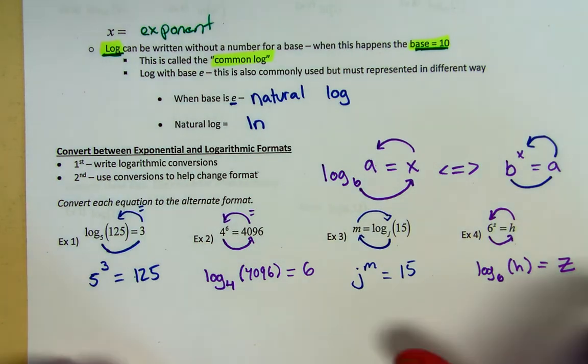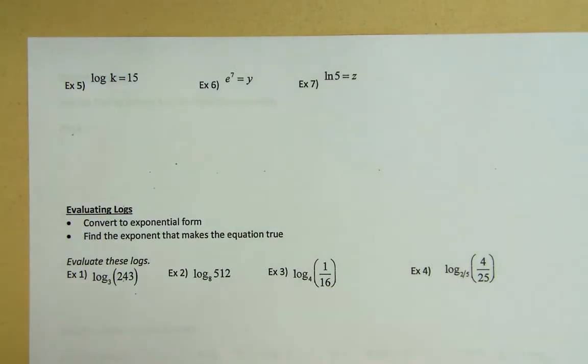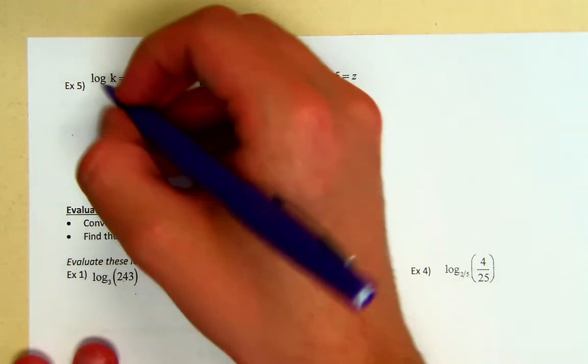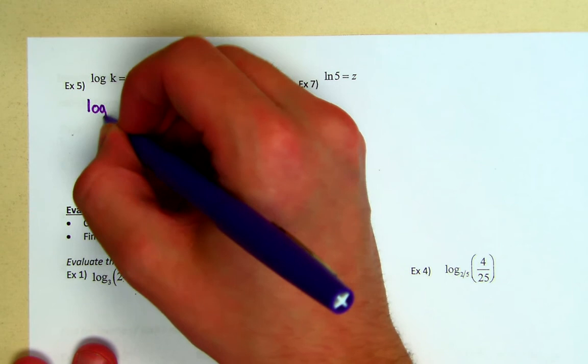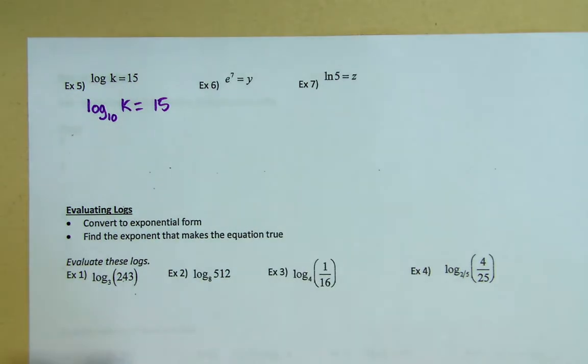Okay, so moving on now. Just a few more examples. Again, no base here, so that's 10. So I'm going to rewrite this as log base 10 of k equals 15. I'm going to let you convert that and finish that one out.